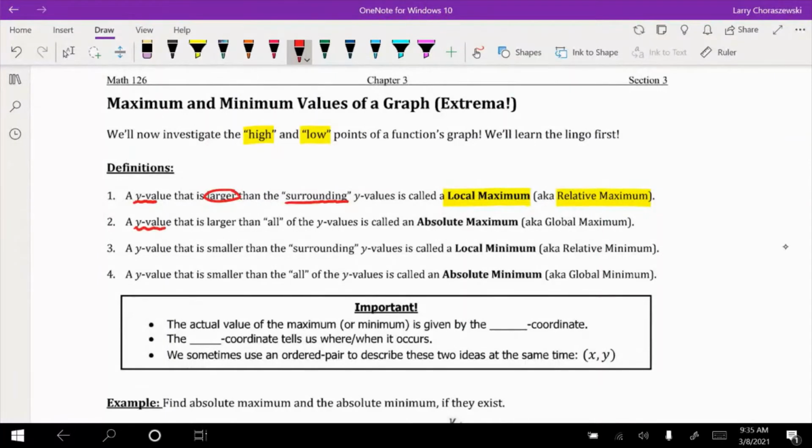A y value that is larger than all of the y values is called an absolute maximum, aka a global maximum.